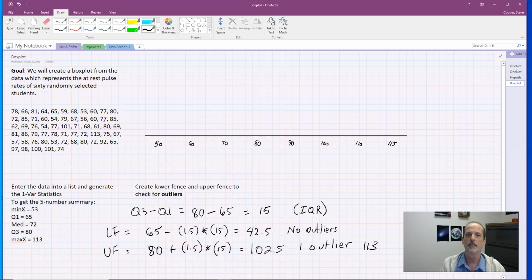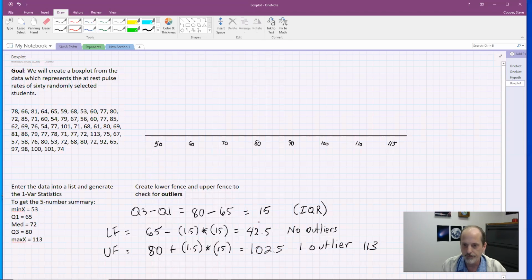Now what I'm going to do, just to illustrate this, is temporarily mark the fence boundaries. Now I've plotted this, and if you look at this, you can see that I've evenly spaced it, which you need to do to get an accurate read of your box plot. And every one is worth 2, so there's 5 here.